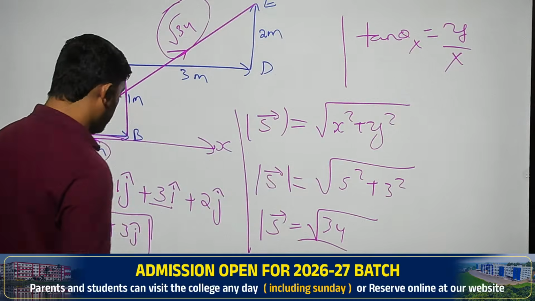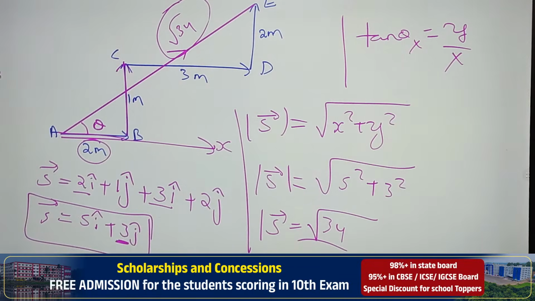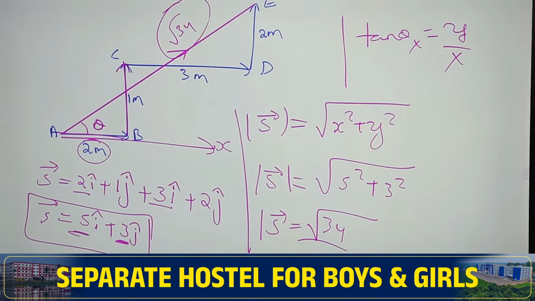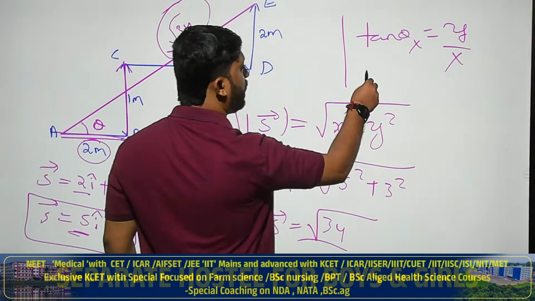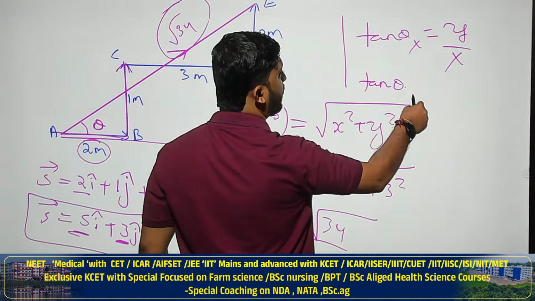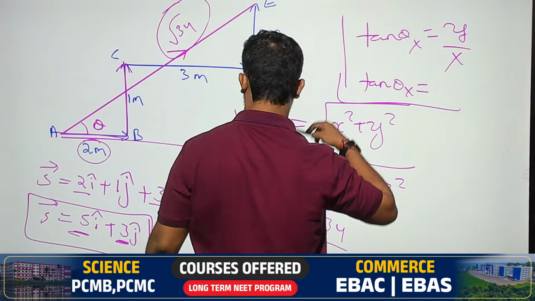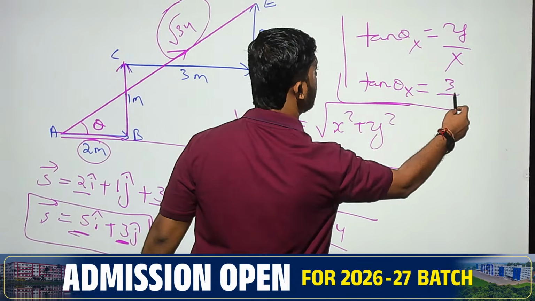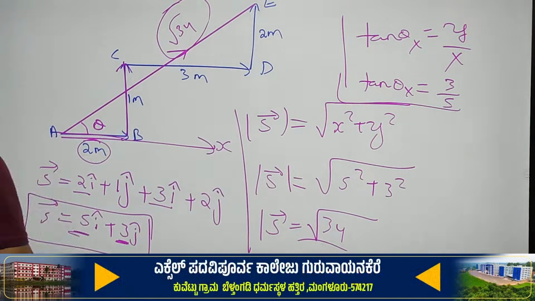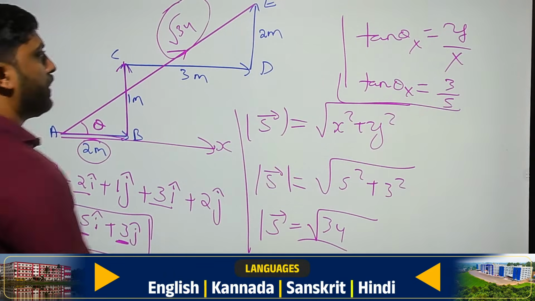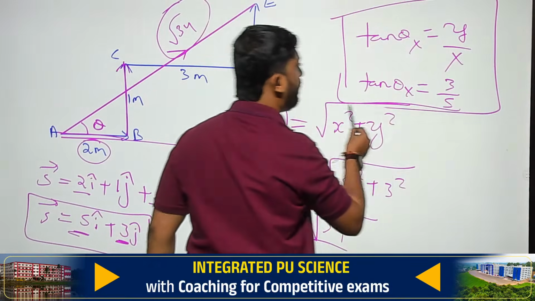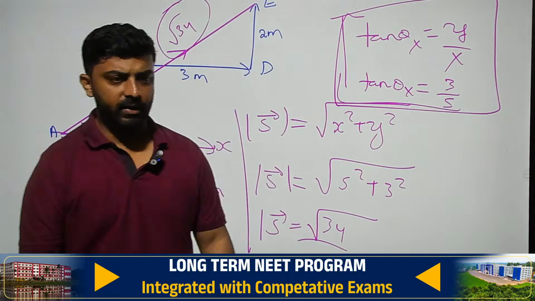Here y coordinate is 3, x coordinate is 5. Then tan theta is equal to y value 3 by x value 5. Okay, finding the angle will be discussed in the next class. So do attend the next session.